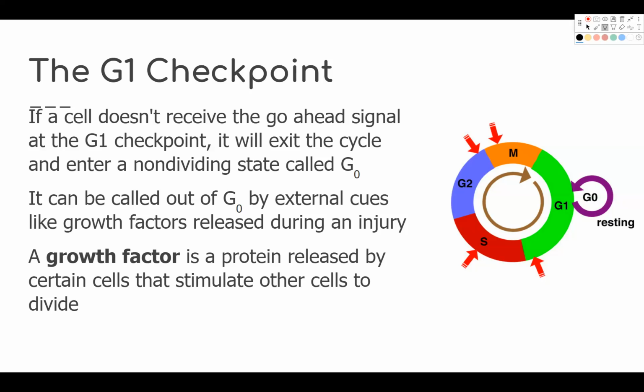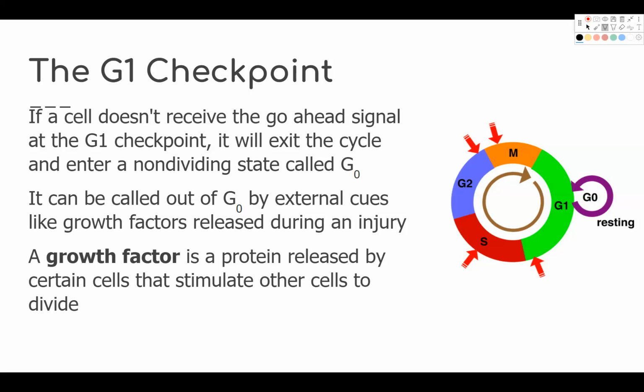But just because a cell enters G0 does not mean that it's going to live its entire life in G0. Because one of these G0 cells can be triggered and called out of G0 by external cues. Specifically, growth factors is one big example. A growth factor is just a signal that is sent by a neighboring cell.